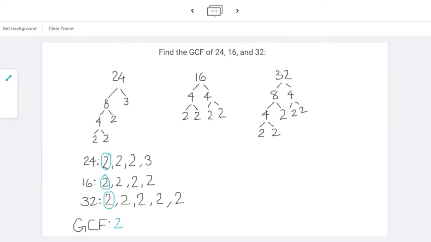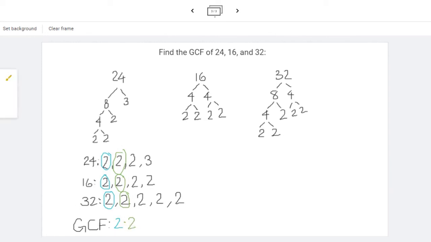Okay. Next number, we have a 2. And yes, we also have a 2 in 16. And we also have a 2 in 32. We don't use the same 2's we used for the first one. That's why I'm doing them in different colors. So we have this 2, this 2, and this 2. I'm going to multiply it here.